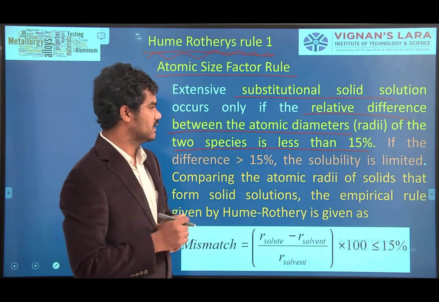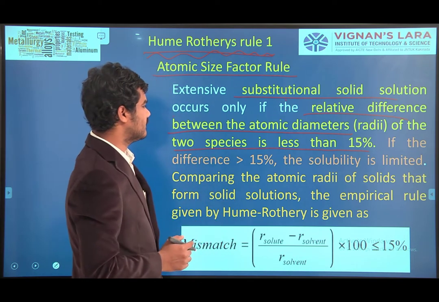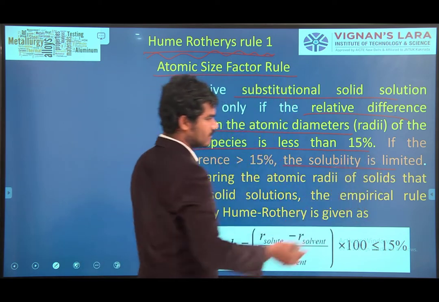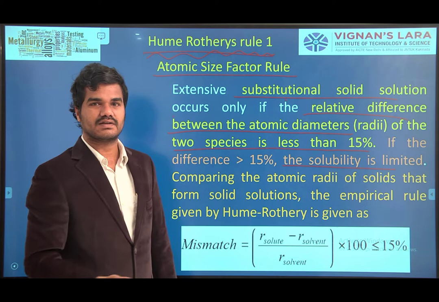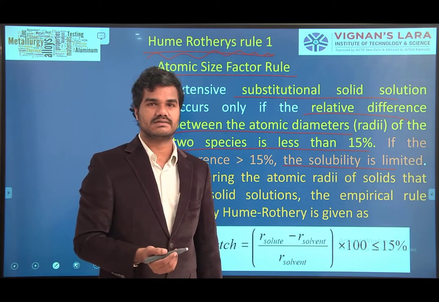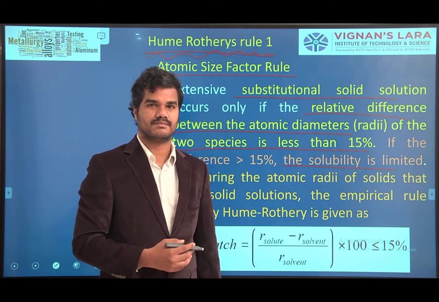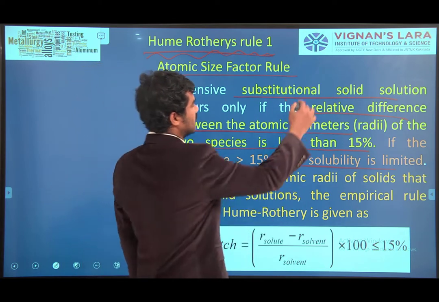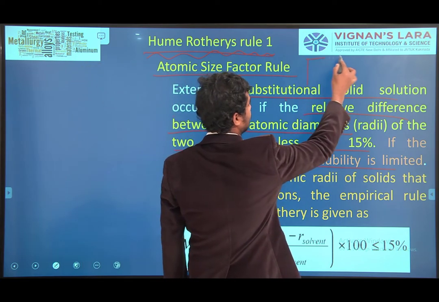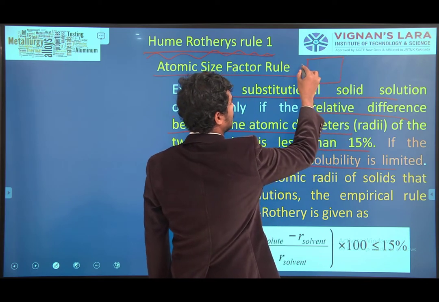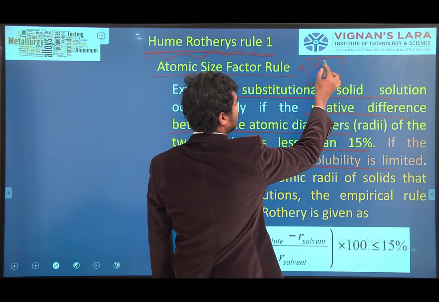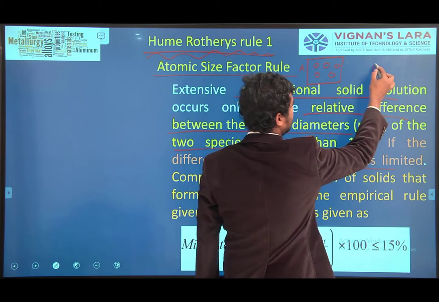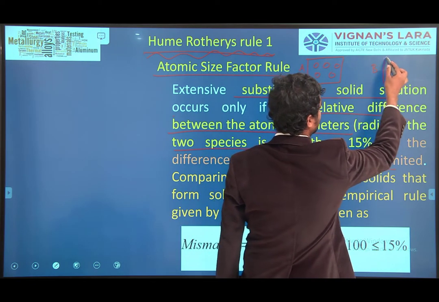You got it? If the difference is greater than 15%, the solubility is limited. Hope you got it. This is metal A, in that atoms are there. This is metal B, in that atoms are there.